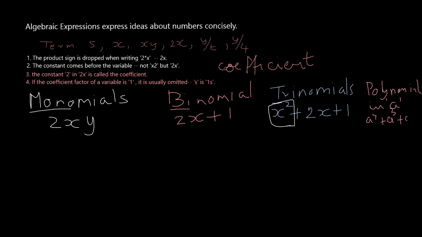It has more than 2 terms, and such an expression becomes a polynomial, also put together with addition and subtraction.